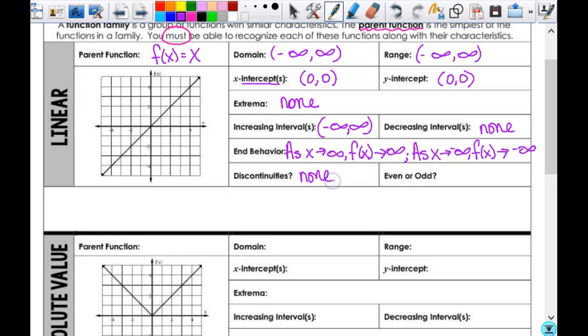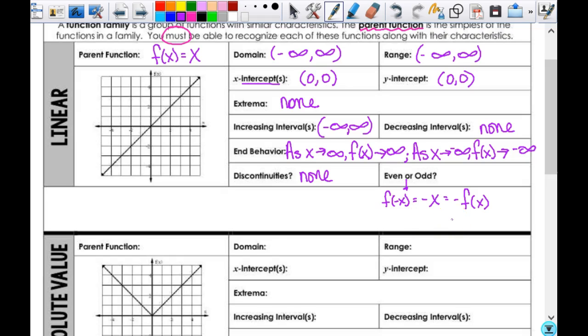Is this even, odd, or neither? Odd. And what's our algebraic test for even or odd? Good. f of negative x, so in this case it would be negative x, and that equals negative f of x. One thing that we took lots of points off for is that you might have known it was even or odd, but you didn't actually make this statement.